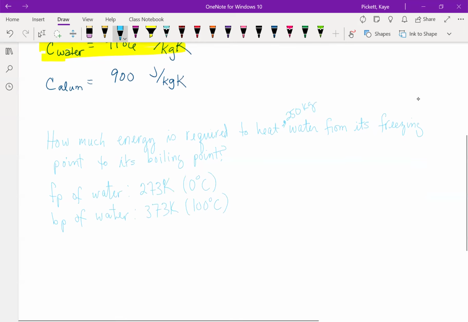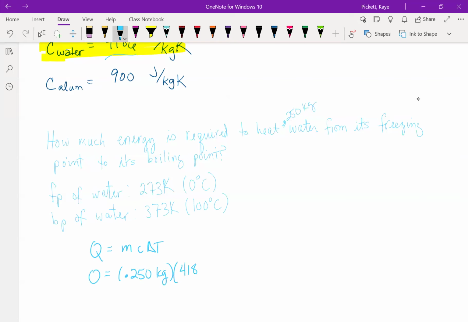Okay, so heat Q is going to be mcΔT, and well, we know that the specific heat of water is 4,186, and I've got 0.250 kilograms. My specific heat is 4186. And the change of temperature is 100 Kelvin.